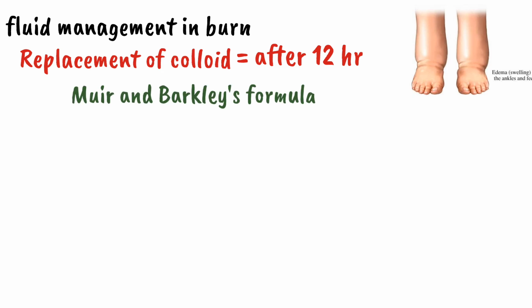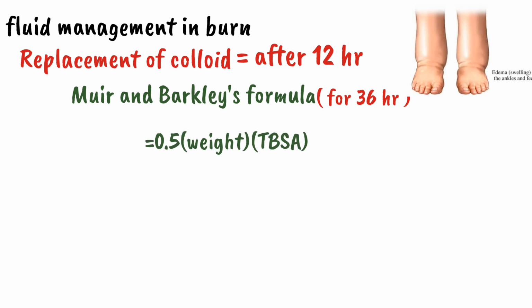It will give a value according to which we will replace the colloid for 36 hours. How do we calculate the replacement of a colloid with the help of the Muir and Barclay formula? To calculate it, we multiply 0.5 with the weight of the patient multiplied by total body surface area. This will give us a value called 1 portion. This 1 portion should be given at different time intervals for the first 12 hours, next 12 hours and the next 12 hours.